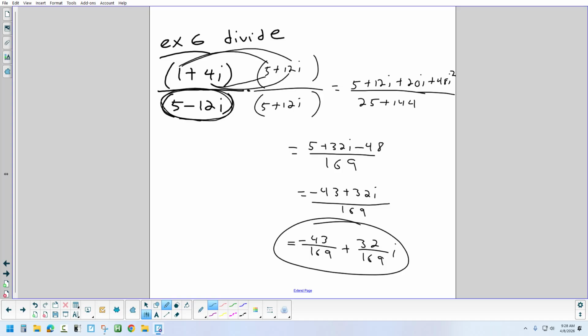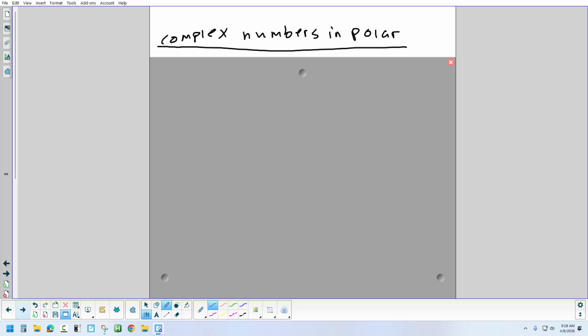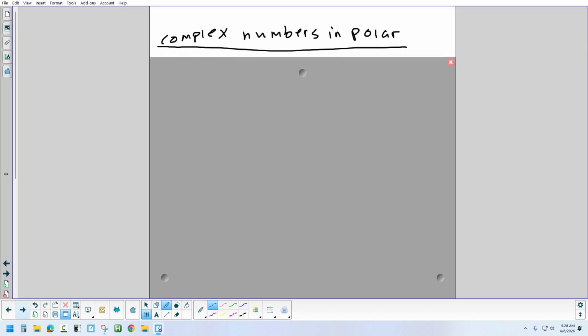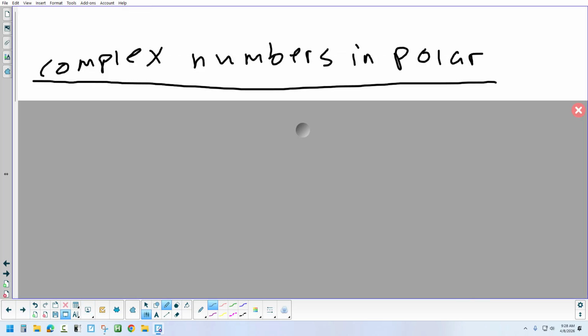There's a lot of things that could go wrong there. If we know how to write complex numbers in polar, I can make all of these steps go away. Don't have to do any of that. But you have to know how to write a complex number in polar. It does make what we just did much simpler.